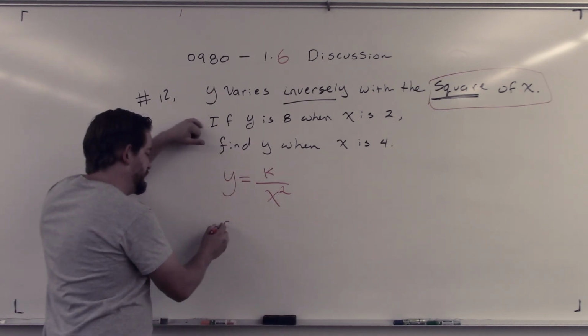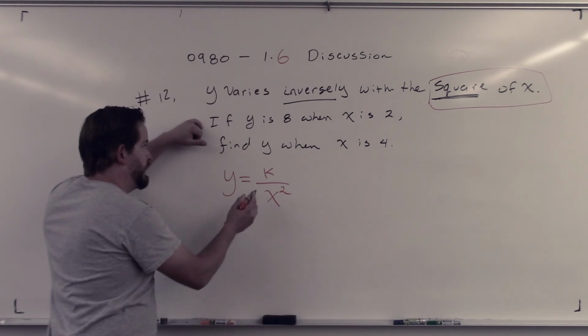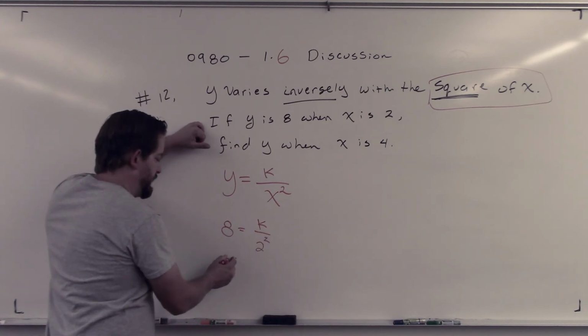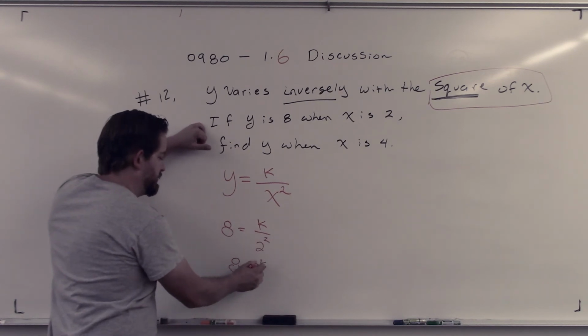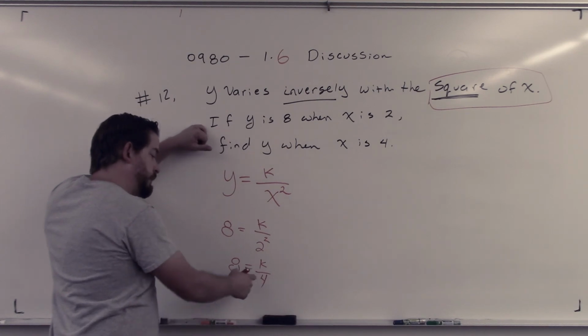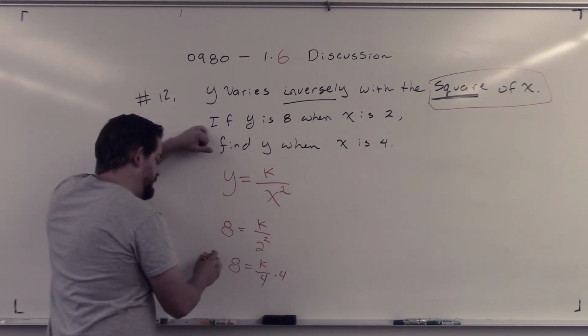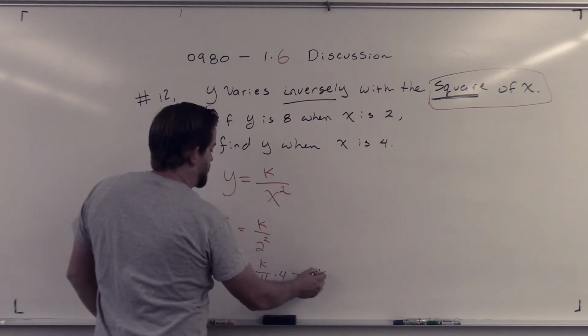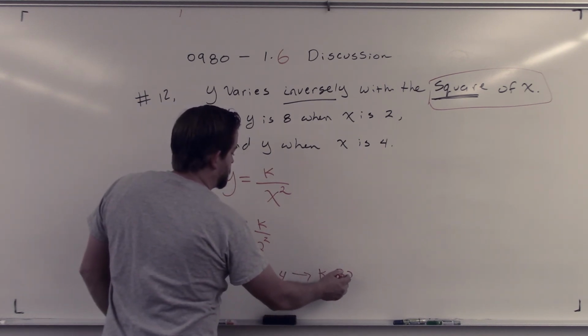Y is 8 when x is 2, which tells me that 8 equals k over 2 squared. But that means that 8 equals k over 4. So I can multiply both sides by 4, and I find here that k is 32.